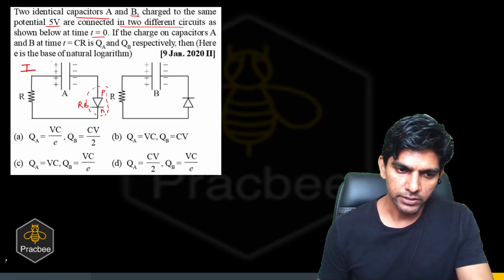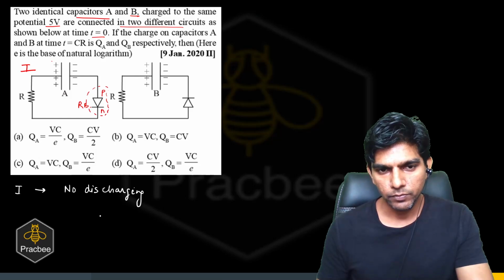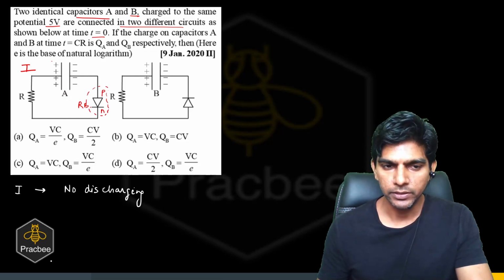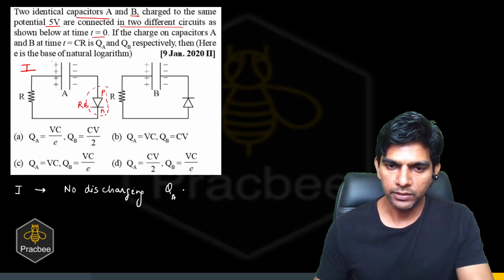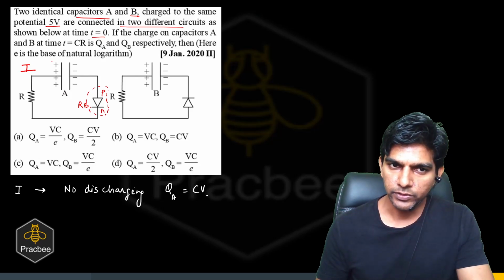So in the first case, there will be no discharging, right? If there is no discharging, the charge on the capacitor will remain as it is. So it will be CV.